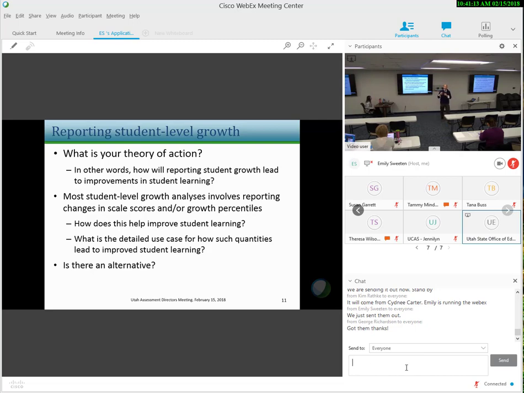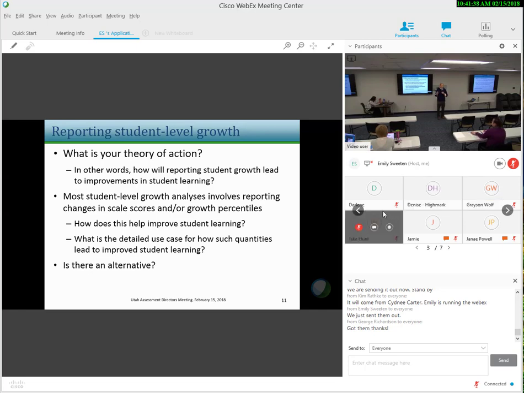Many of you were here when there was, and it's still ongoing, we're still wrestling with it, an emphasis with school grading that there had to be, instead of a growth percentile or something like that, a scale score target reported at the beginning of every year that would describe each kid's growth target for that year.